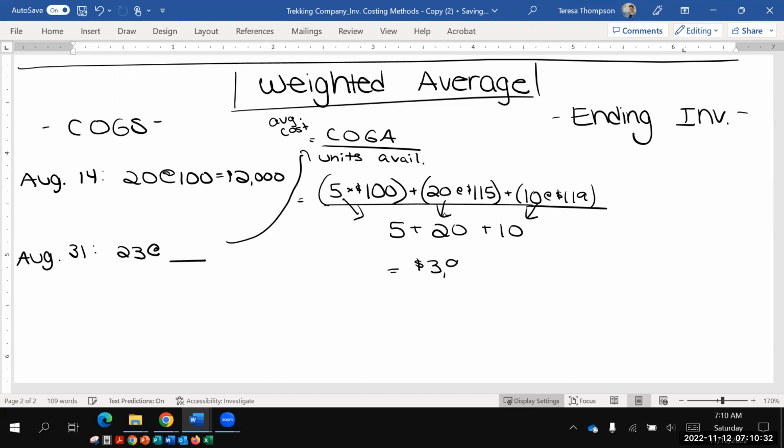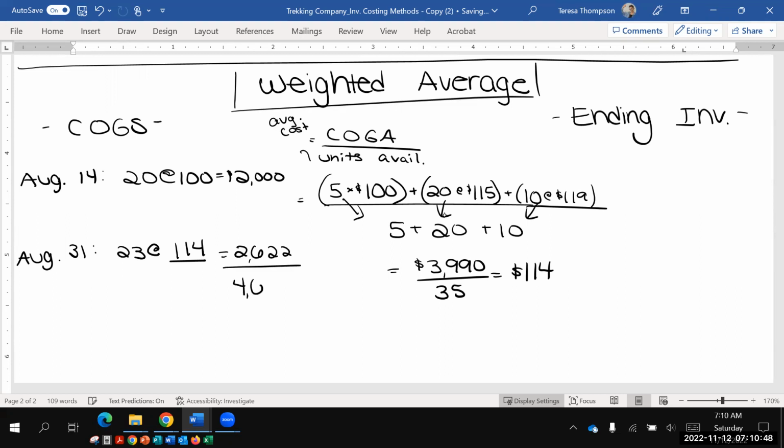I get that being over 35, average cost of 114. That gives us a cost of goods sold of 2622.